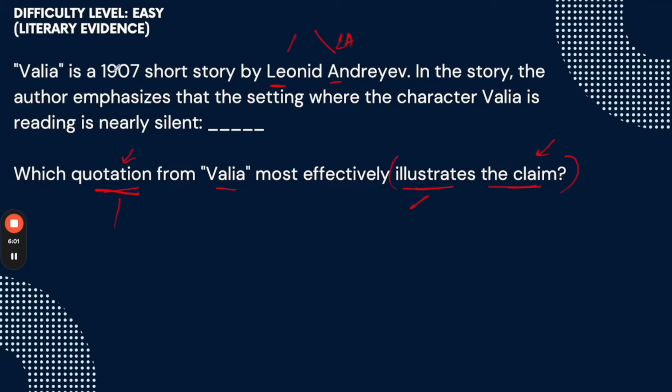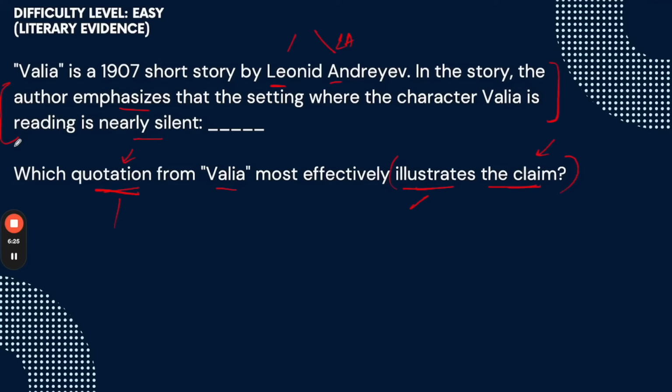In the story, the author emphasizes that the setting where the character V is reading is nearly silent. This is the claim, guys. This is the claim about the book. That where the character V is reading is nearly silent. That setting is silent. Now I have to support this claim.